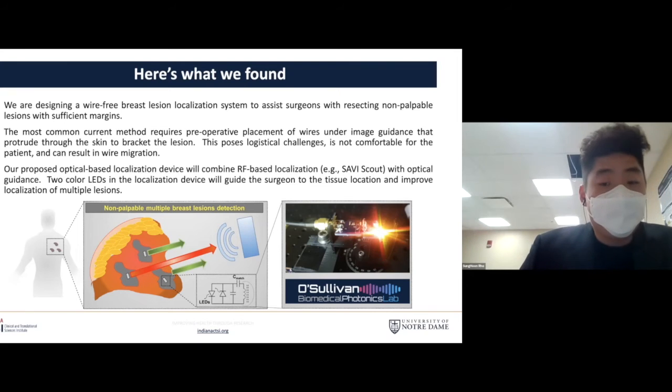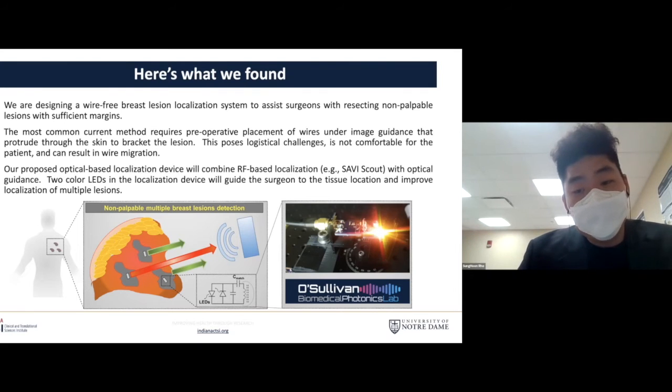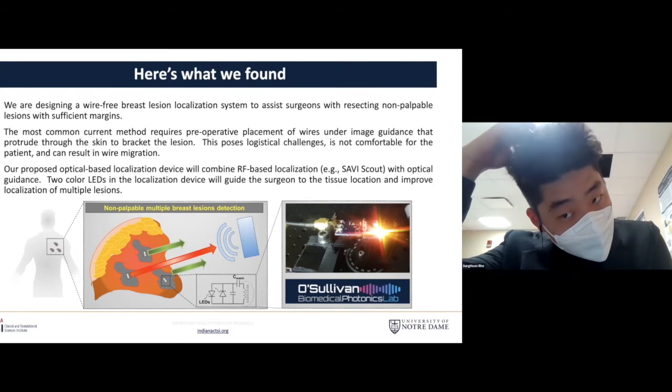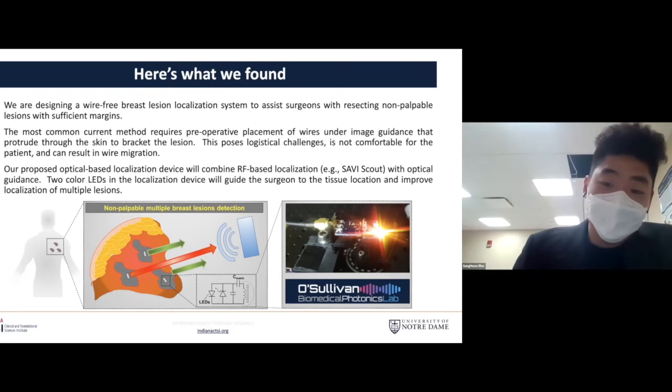That is our idea. So far, we have verified the wireless communication works, and we can also excite the two light sources at the same time. Next slide.